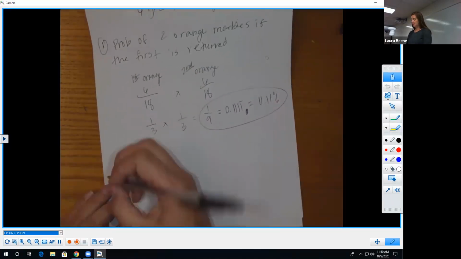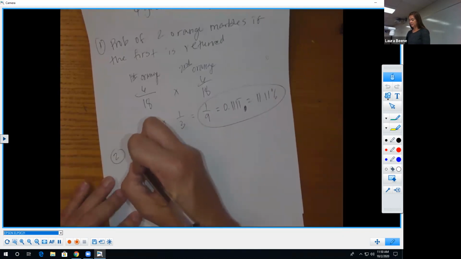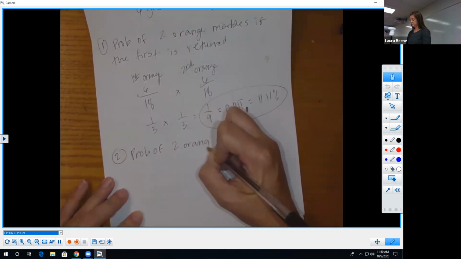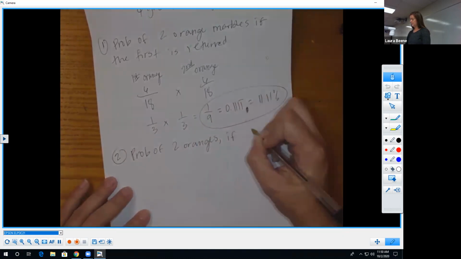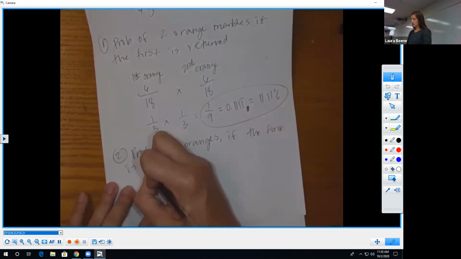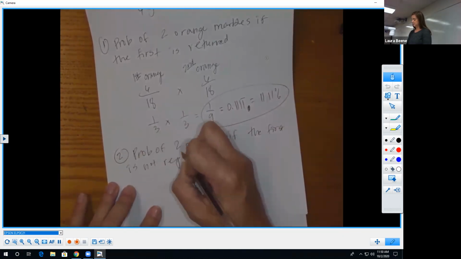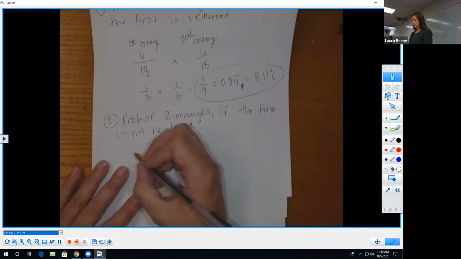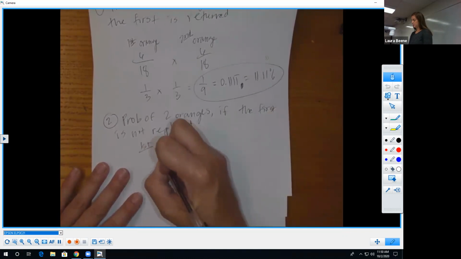Okay, let's do that same problem. Let's do the probability of 2 oranges if the first is not replaced. So same idea, but I don't put it back in this time. Okay, so your first orange is the same as before.